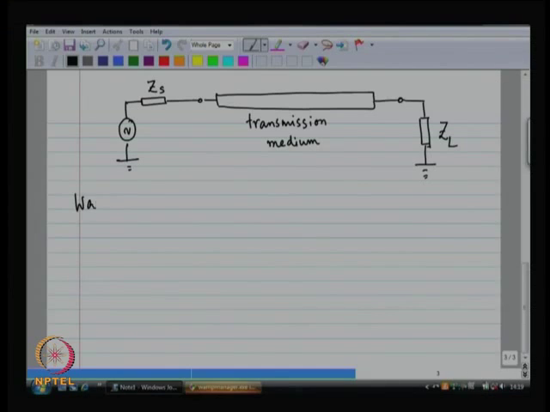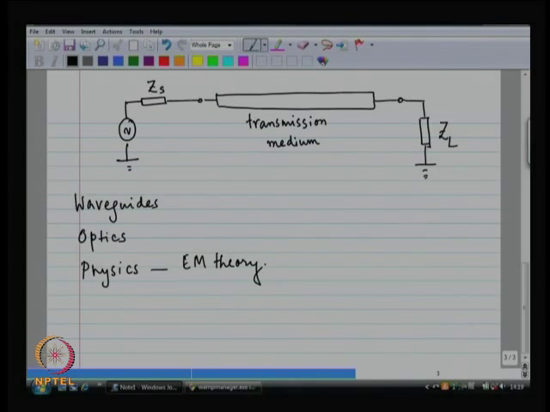Now, in such a scenario, what happens is, if you have studied waveguides, I do not know if you have studied waveguides, or if you have studied optics, or if you have studied physics well enough, either EM theory or theory which deals with strings and waves. So, this is not string theory, it is a wave traveling over a string.